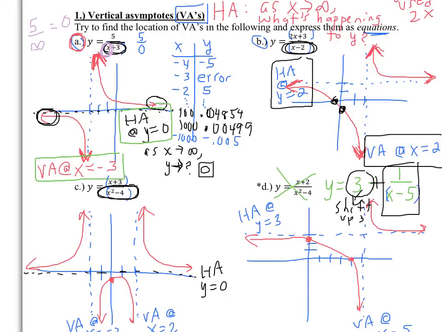So that's why we say there's an HA at y equals 0. The bottom is very heavy, in other words. There's more weight in the bottom. So if you divide by something with a very big bottom, it's going to get very close to 0. Think of it as you have a pizza that you want to divide up amongst 5 billion people. Well, if you're lucky, you're going to get a crumb. So you're basically getting 0.